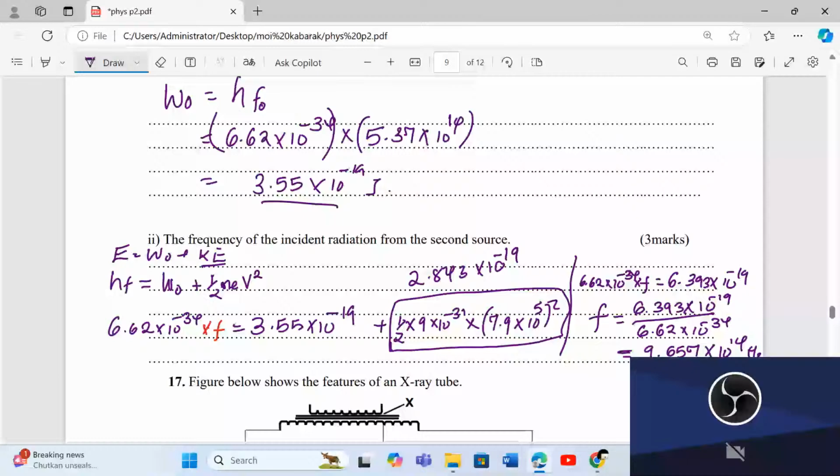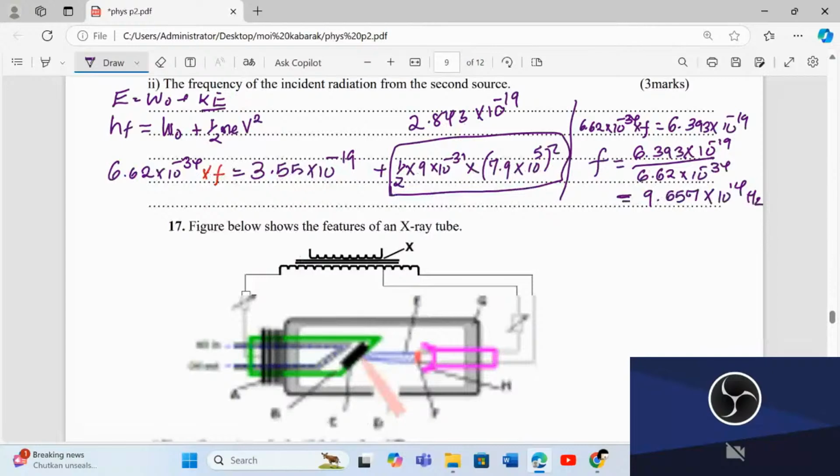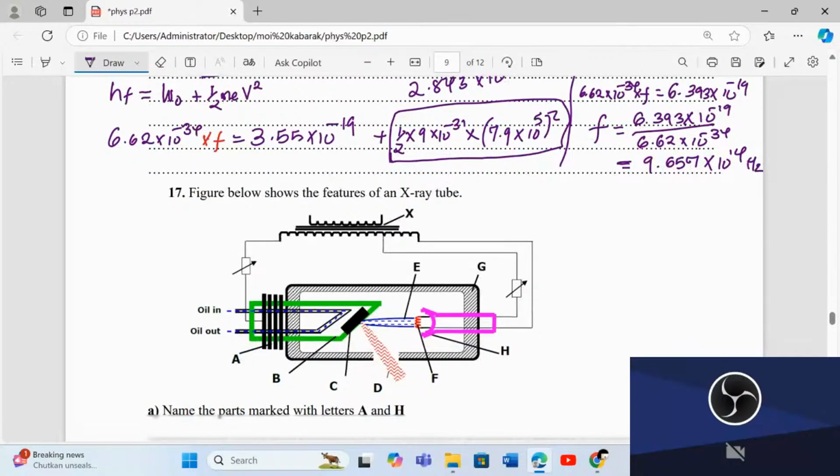That is the frequency of the incident radiation.